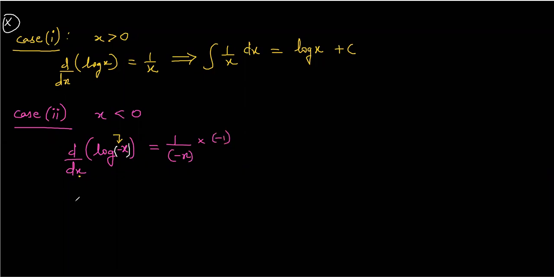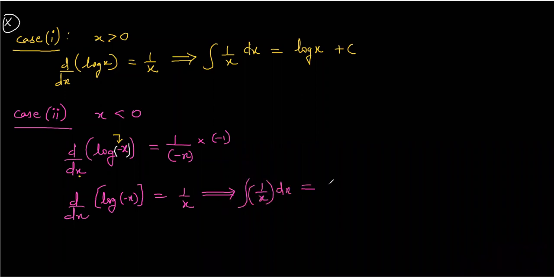So you get d by dx of log of minus x is equal to, this minus and minus cancels, 1 upon x. So I notice that d by dx of log of minus x is also 1 upon x. So now I apply the definition of integration. I get integral of 1 upon x dx is equal to log of minus x plus c.